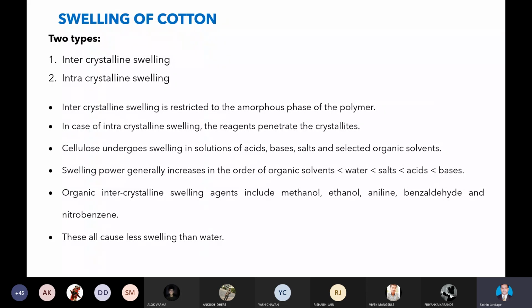In salts, when we are carrying out the dyeing of the fibers, be it reactive dyeing or any other dyeing, we use salt as the exhausting agent. During that stage also, there is a chance of shrinkage. So you will get the idea of which stage we need to take more care in as far as shrinkage is concerned.